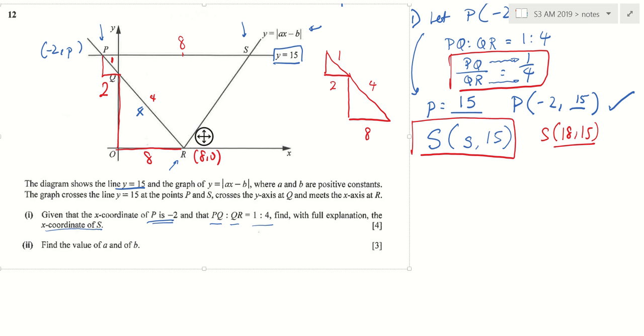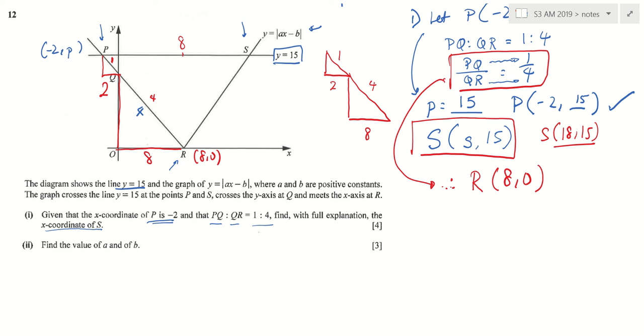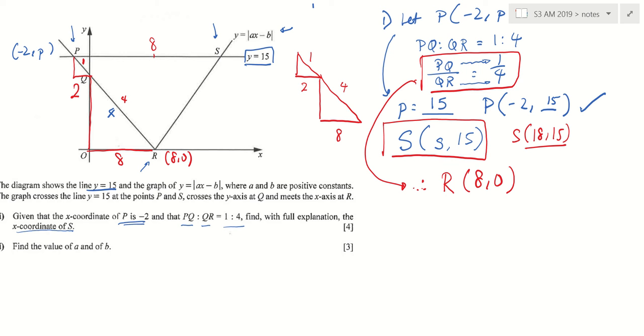Okay, so I'm saying that therefore, from here you can write down, therefore, R is (8, 0), right? R is (8, 0).